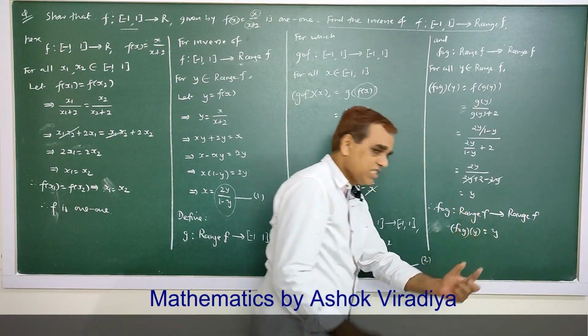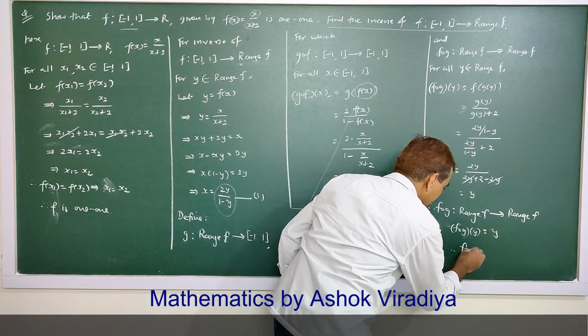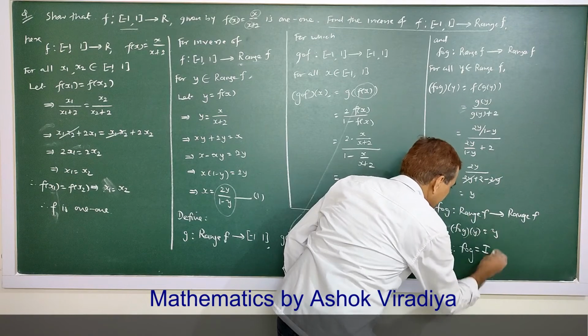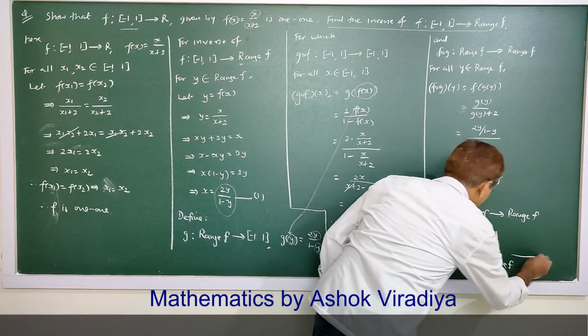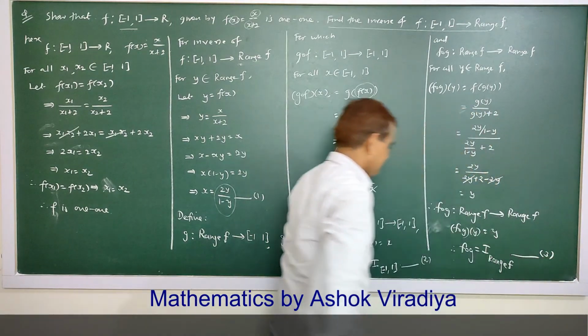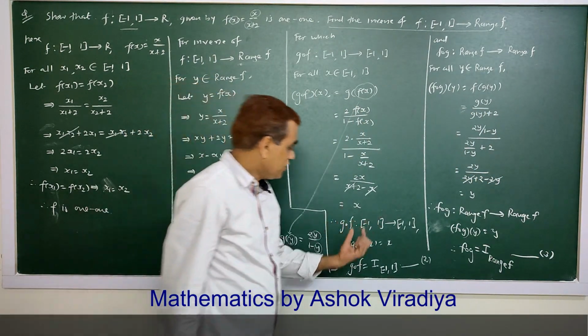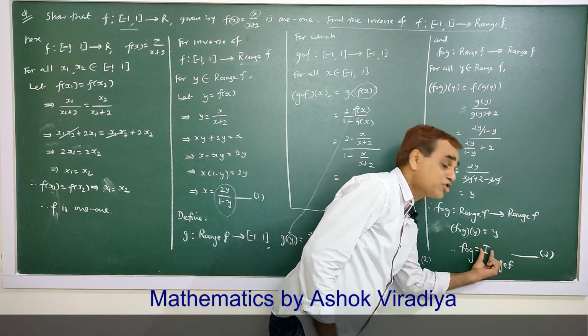So f∘g is the identity function on B. Therefore, f∘g is the identity function on this set, range f. This is result 3. It is like g∘f is the identity function on A, and f∘g is the identity function on B.